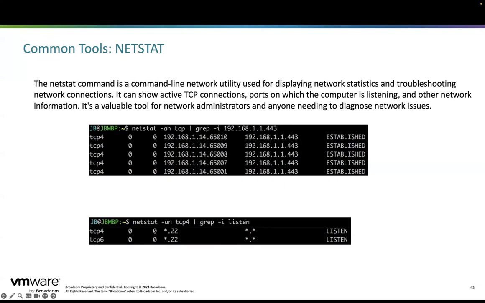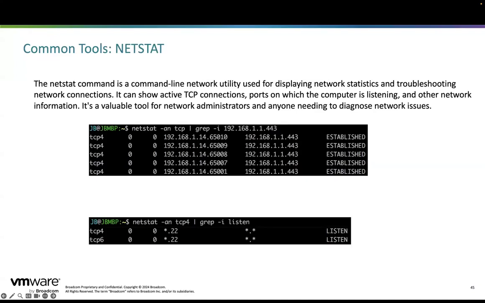It can show you active TCP connections. It can show you ports on which a computer is listening, as you can see in the two screenshots there, as well as other network information. But this netstat tool is a very valuable tool for network administrators or anyone needing to diagnose some kind of network issue.